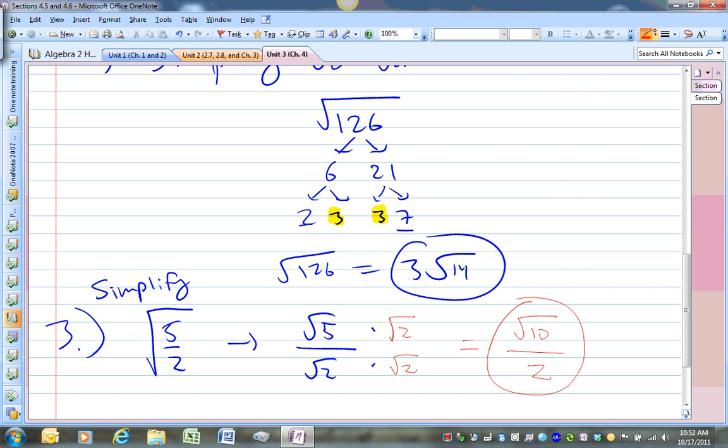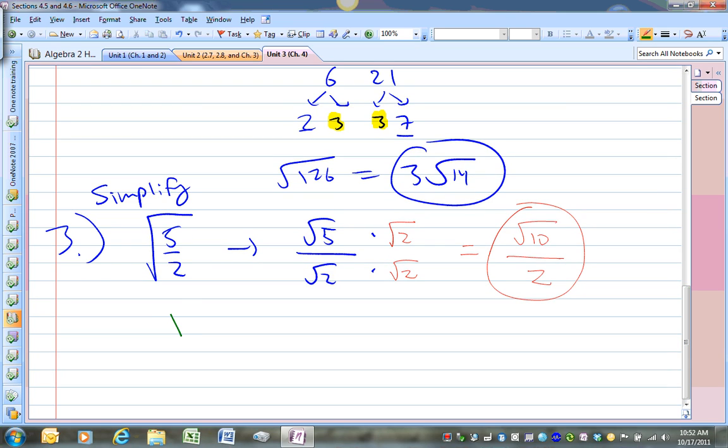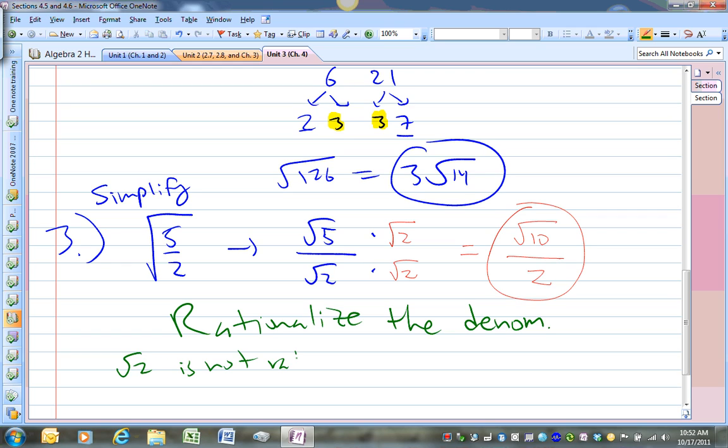This process is called rationalizing the denominator, since root 2 is not rational, and of course that's in the denominator.